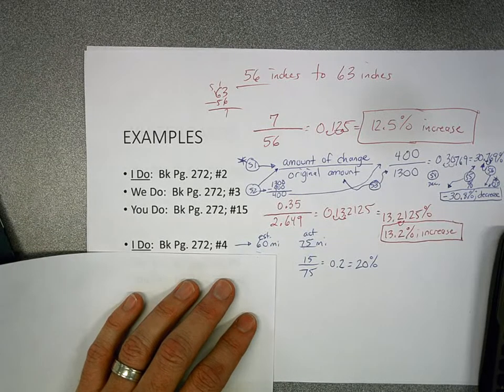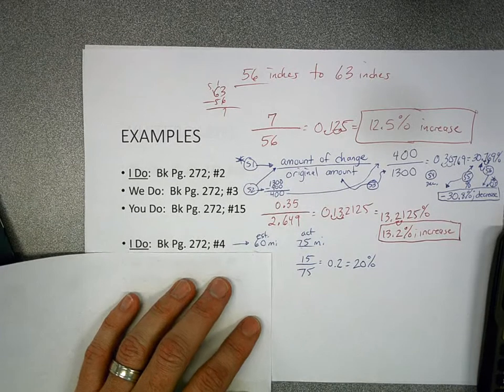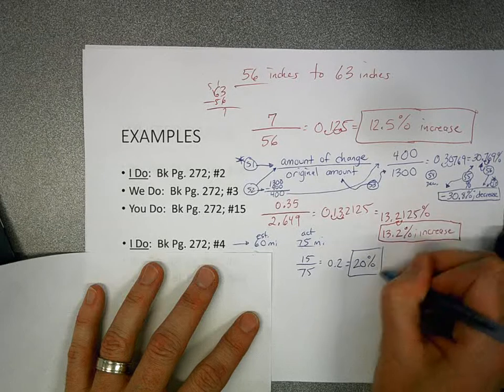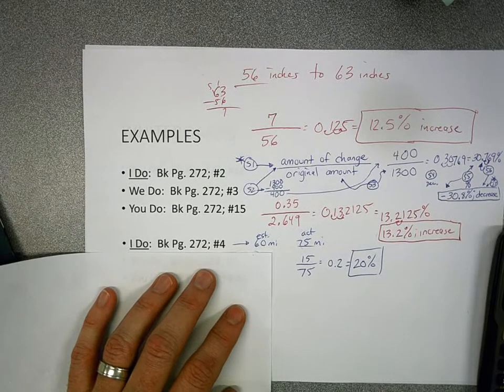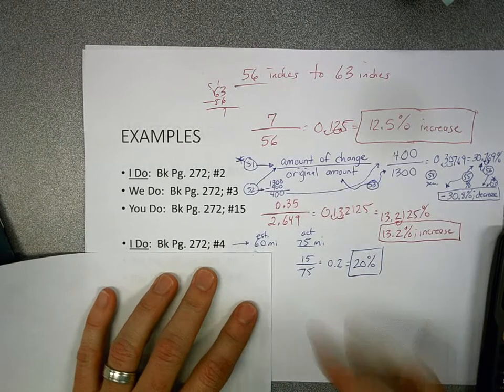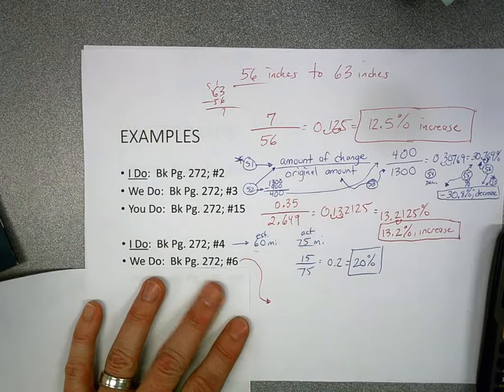Okay, it's just they were 20% off. Okay, and so on number 4, that ends up being just your final answer. Okay, so really quickly, go ahead and write that down. And let's go ahead then and let's write notes on problem number 6.